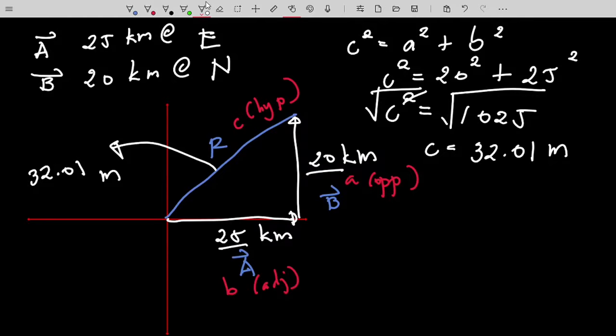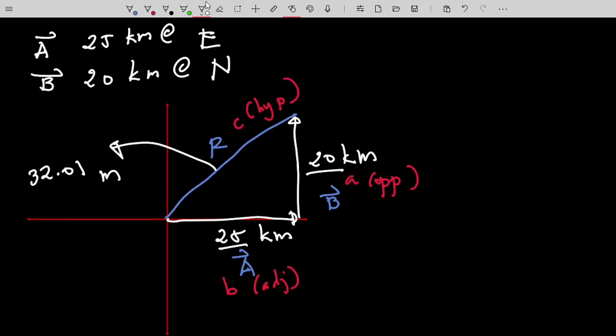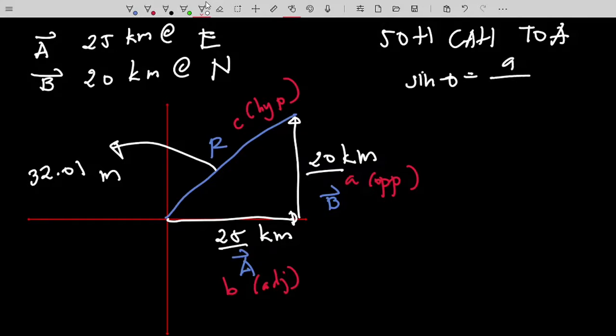Now, the next thing to do is to find the direction of the resultant force. Whenever we have a right triangle, the formula we use to find a certain angle is SOHCAHTOA. Basically, sine theta equals side A over side C, or opposite over hypotenuse.